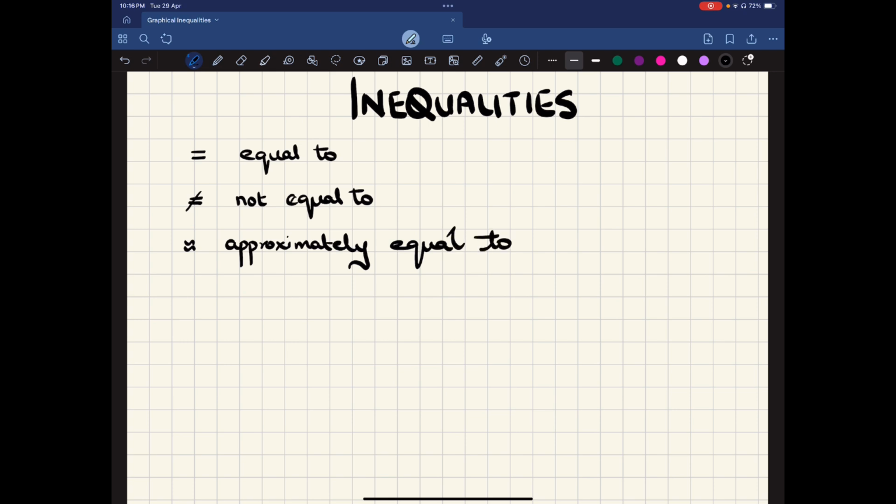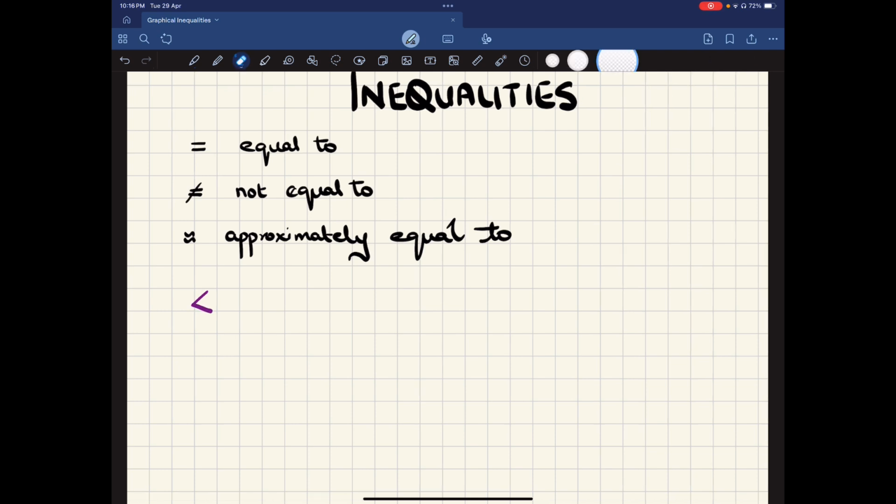We also have four symbols that refer to inequality. What are those symbols? So let's just substitute values.